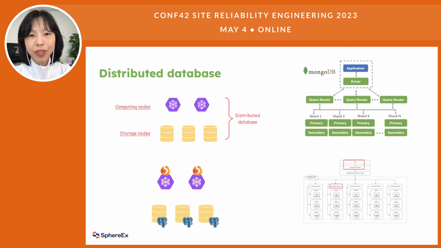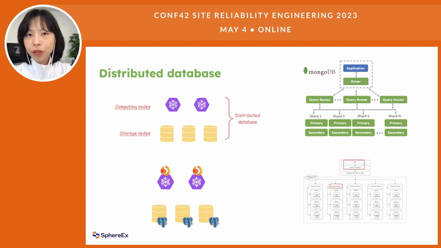Basically, when we speak of a distributed database system, we split this single monolithic database into two important elements. The first one, the computing nodes. The second one, the storage nodes. A storage node helps us persist data or do the local compute to get or store partial data.